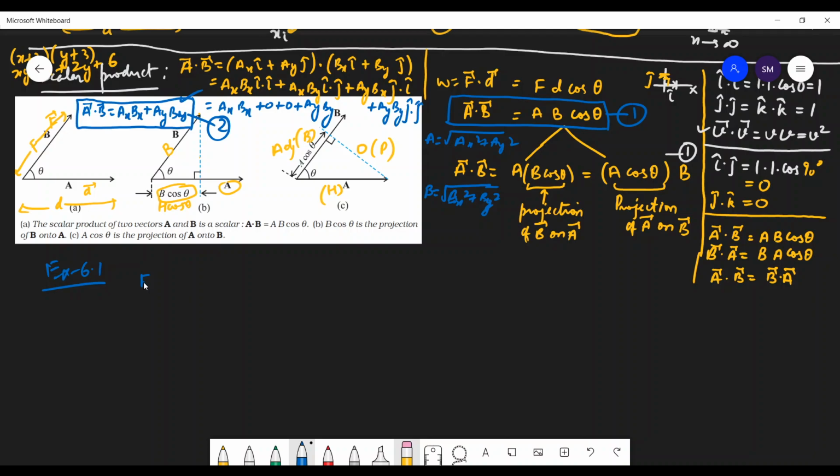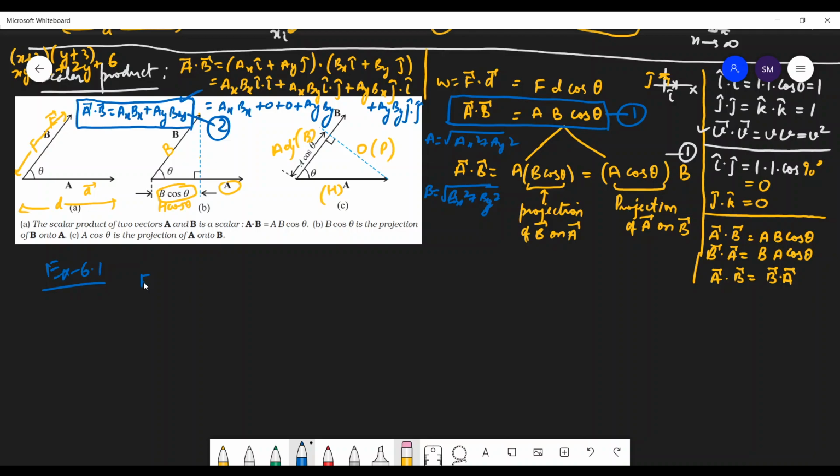So what you need to find? You need to find the angle between F and D. So if this is F, this is D, let theta be the angle between them. So this is the first thing, you need to find theta.